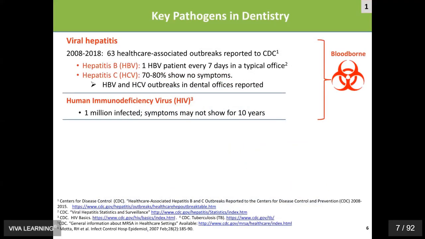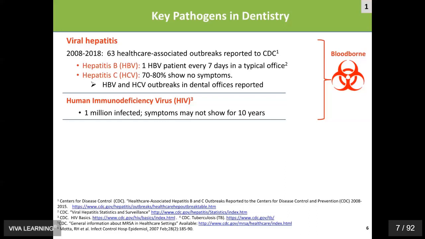There's a lot of them, of course, that we can't talk about, but we're going to talk about some key things. Viral hepatitis. Now, between 2008 and 2018, so a 10-year period, there were 63 healthcare-associated outbreaks reported to the CDC. Hepatitis B, for example.